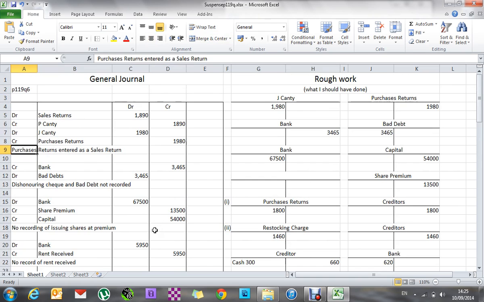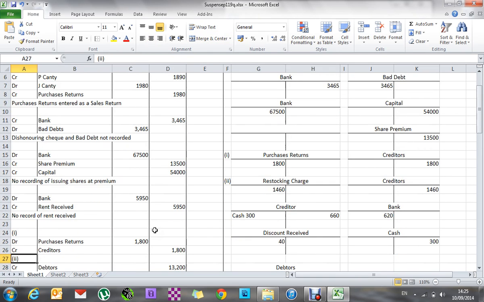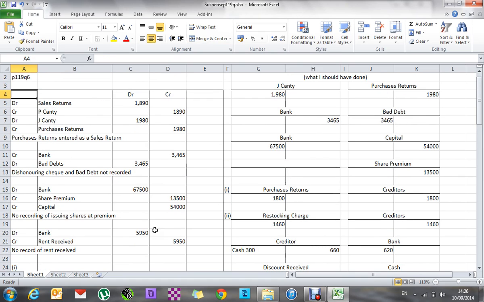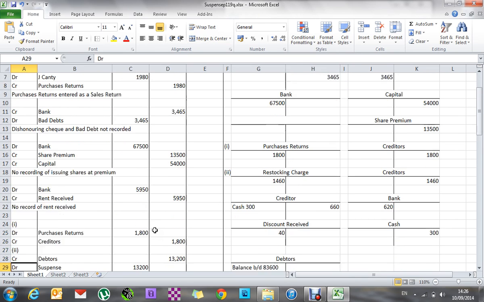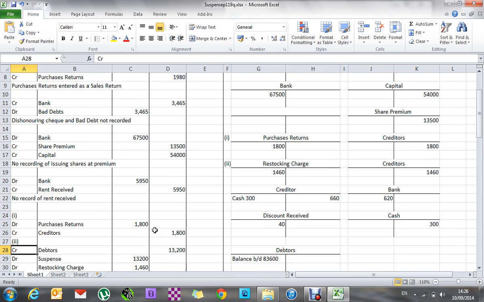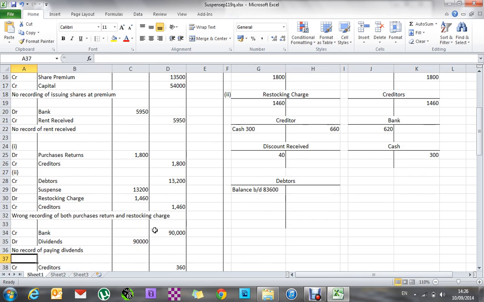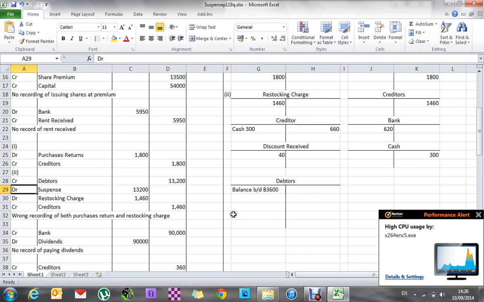From the very beginning I see there was no suspense, all the way down there's no suspense, and I'm just quickly double checking that every time I add up my debits and credits they're all the same. No, number 1 is okay. Number 2, for that one, there is a suspense, and it's 13,200, and it's on the debit side.